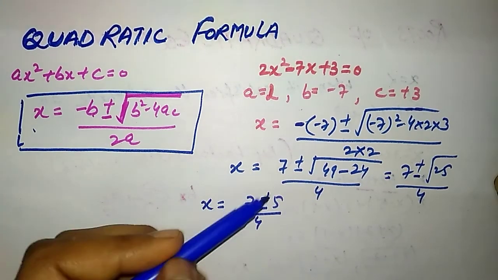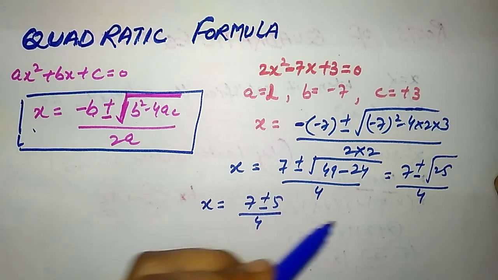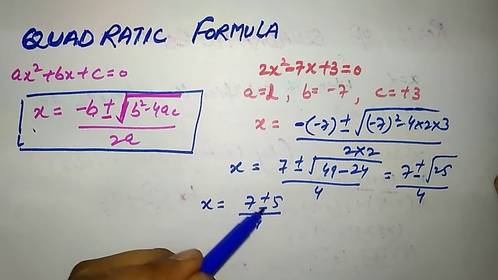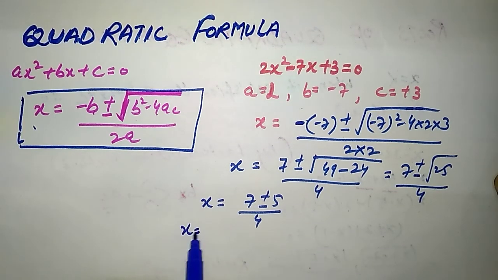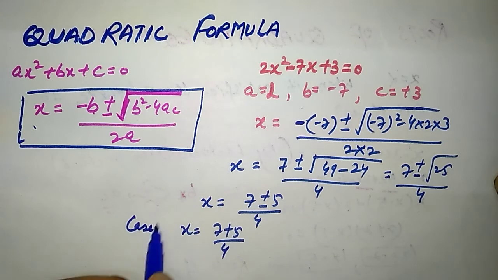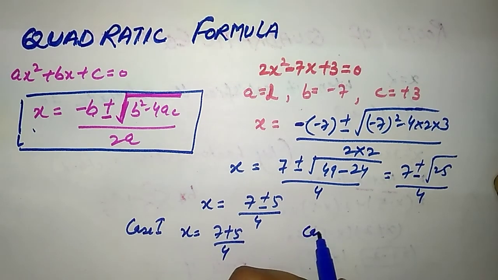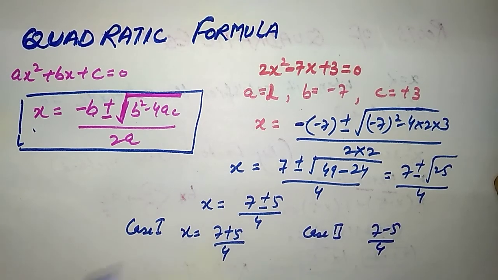Now in the first case we take plus, and in the other case we take minus because we have plus minus here. So x is equal to 7 plus 5 upon 4 is case 1, and the other case is 7 minus 5 upon 4.